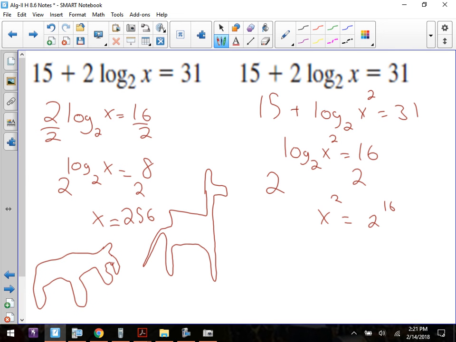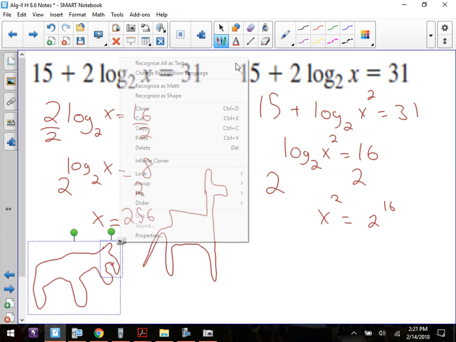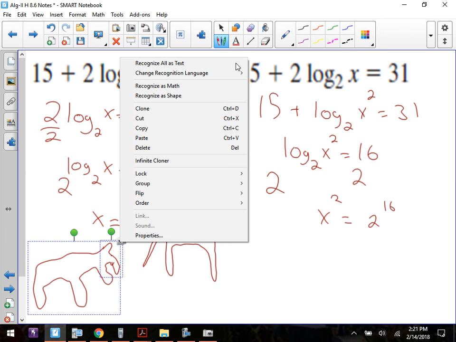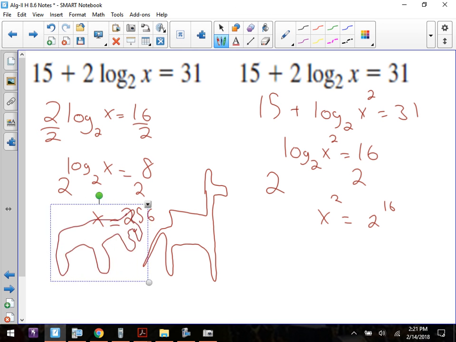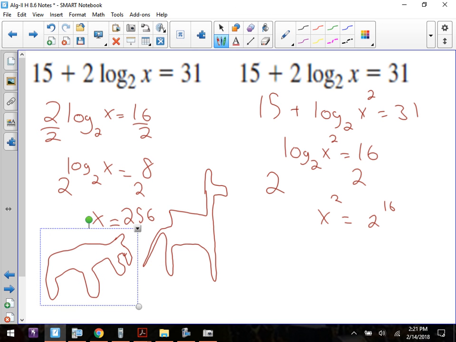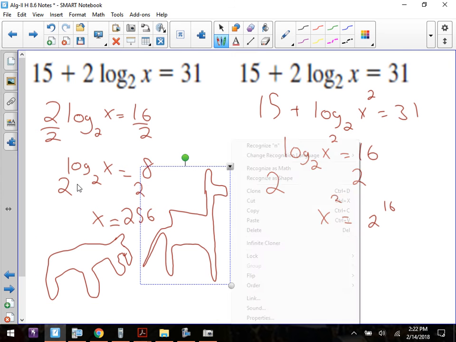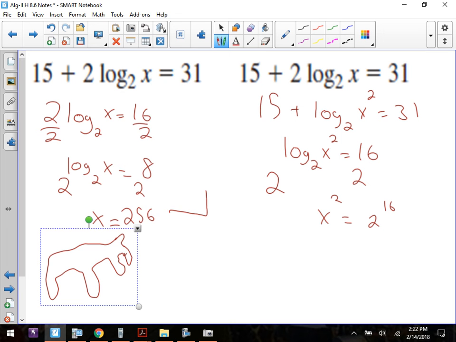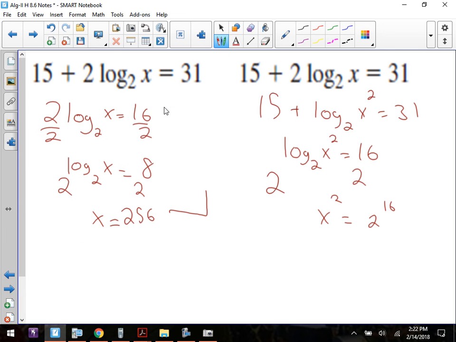Oh, it brought its teeth. And you're like, I'm gonna eat you, and it ate it, and that's why the giraffe is missing a part of its butt. There are some moments that I really don't know what's going on in my mind, so I apologize.